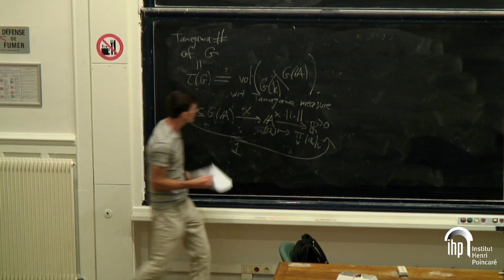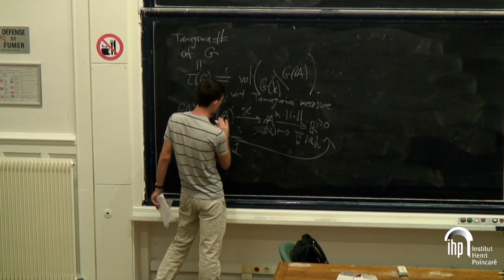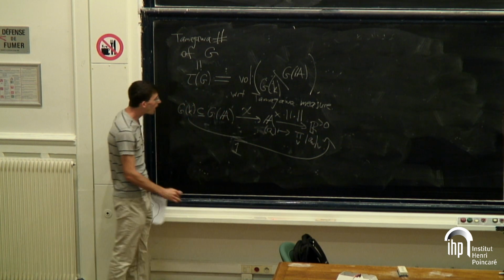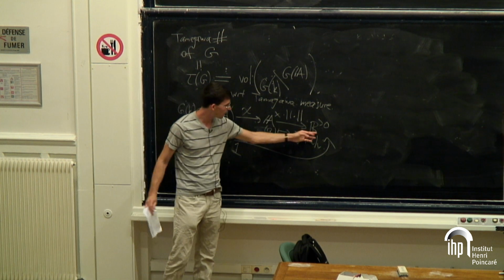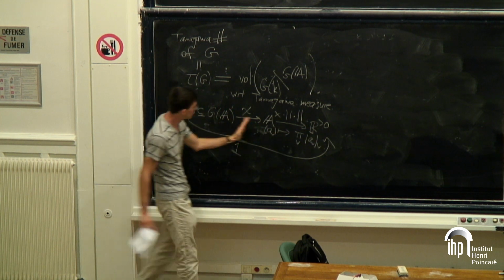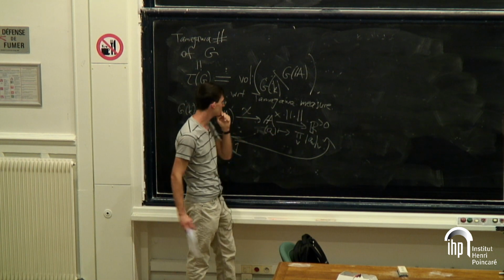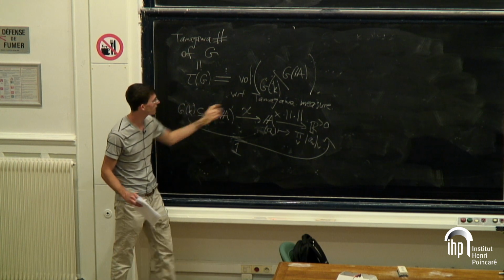In particular, over number fields, this composition will be surjective. And over function fields, the image will be a co-compact lattice inside R plus. So the point is that the image here is really big. It's too large for this quotient to have finite volume.